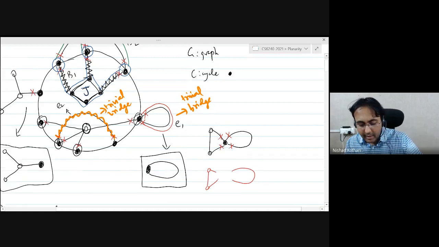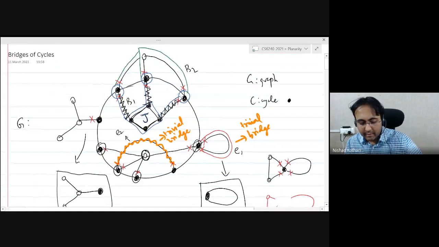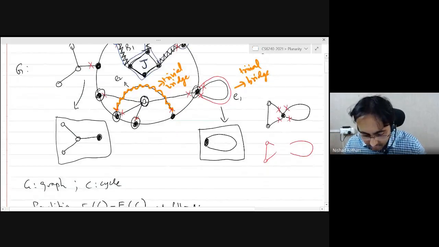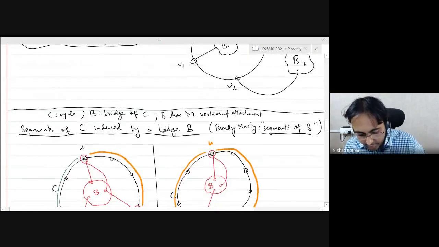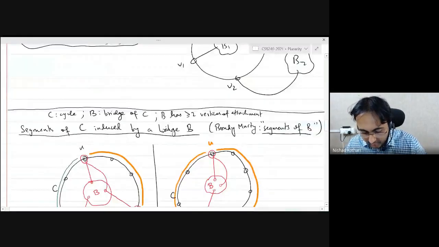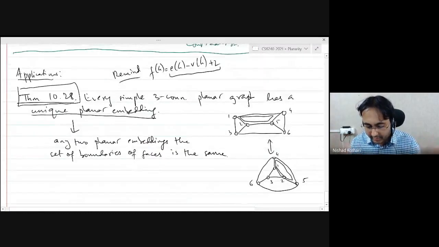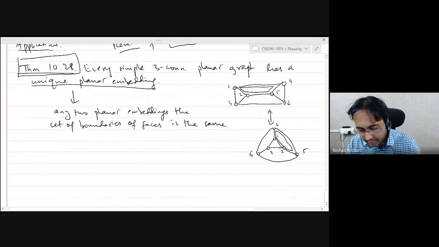In the same way, we are going to define a separating cycle and a non-separating cycle. When you do this cutting business and you get at least two bridges or two pieces, we will say it is a separating cycle. Otherwise, we will say it is not a separating cycle. I'm just trying to show you a connection between the two concepts of a separating vertex and a separating cycle, although we don't really care about separating vertices at this point in the course.